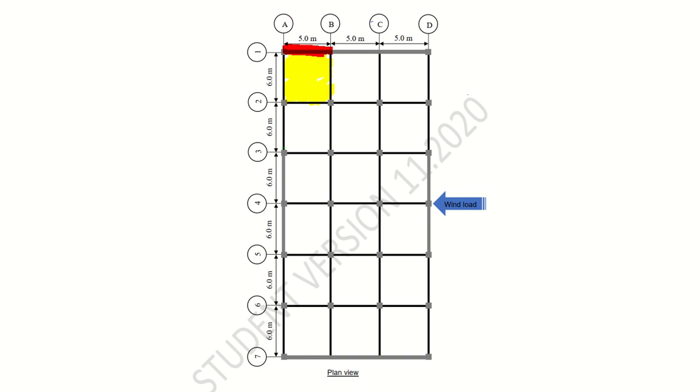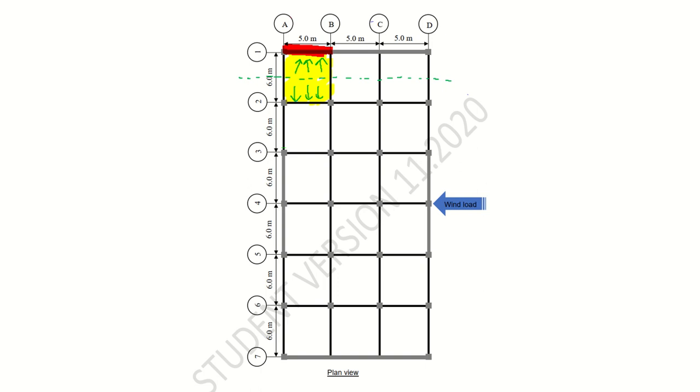So practically, half of the load will be taken by this shear wall and another half of the load will be taken by this beam here. So we will consider only this half part of the slab here.